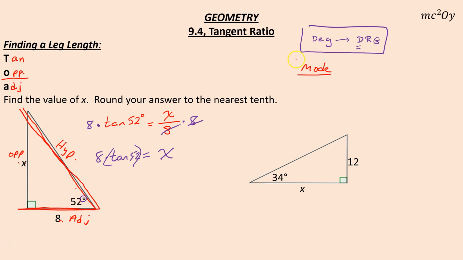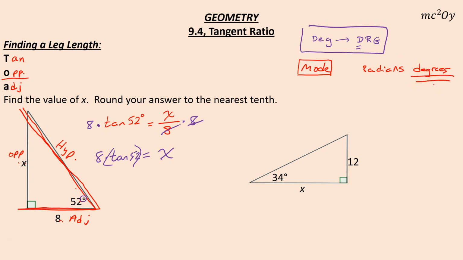There's a button that says mode, and then after you select mode, you want to scroll down until you find radians or degrees. You want to make sure that degrees is highlighted. It'll say radians, degrees, and you want to find the option that is degrees.